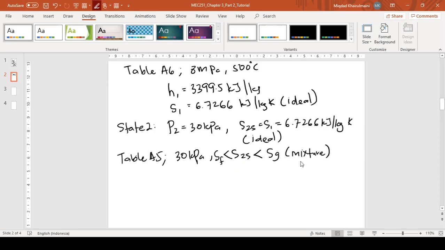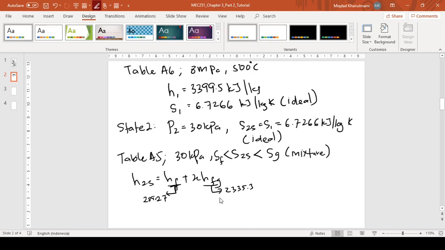Okay, so when we know that the phase is mixture, we have to find the quality, because to find h2s, it is hf plus x hfg. So this one we can read from the table, 289.27, and this one we also can read from the table, 2335.3.